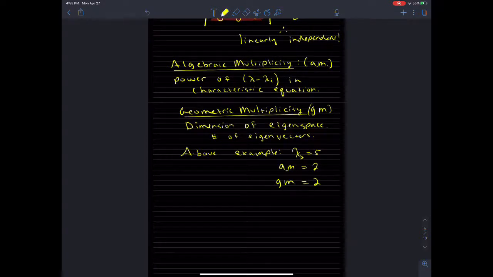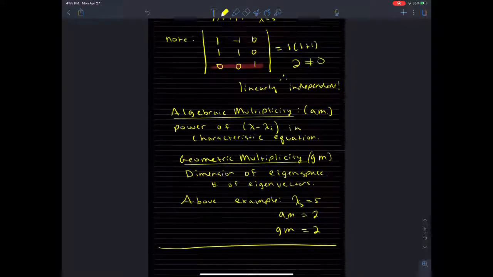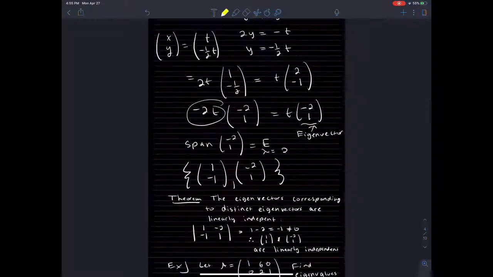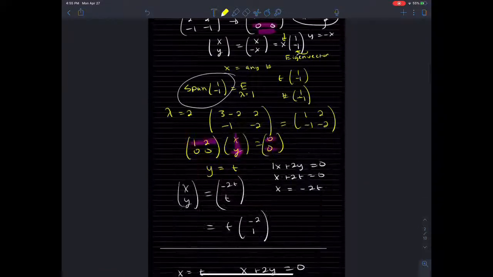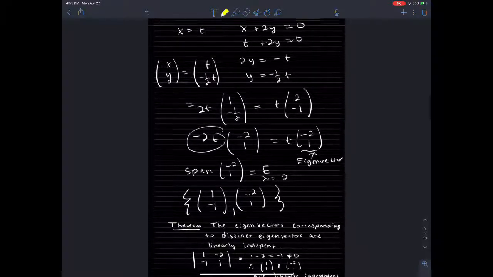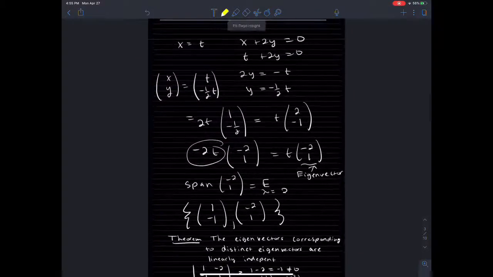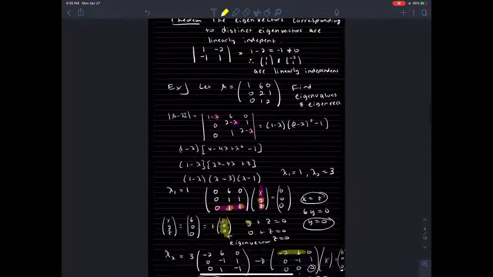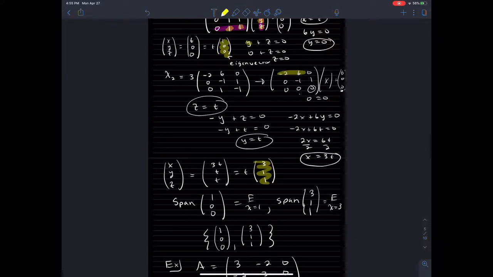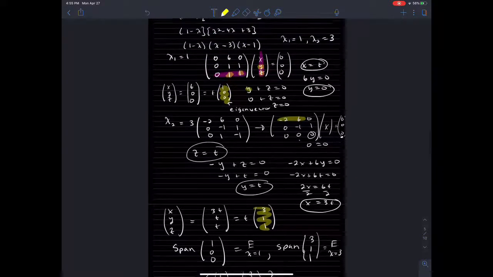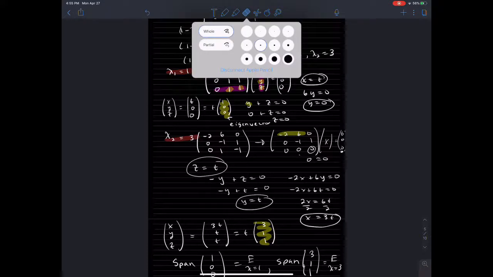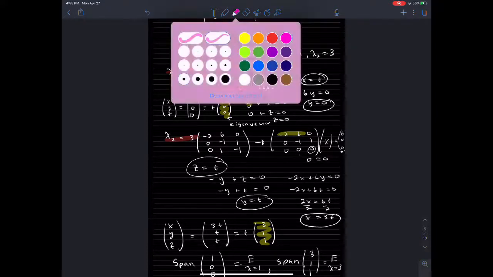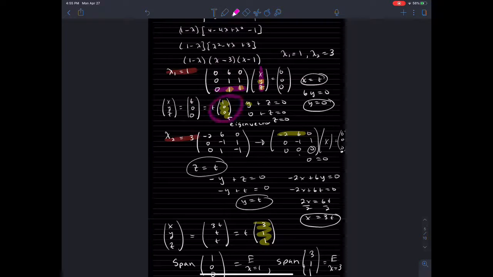There was a previous example that we did, the very first example of a 3 by 3. We only got 2 eigenvalues, and from each of them, we only got 1 vector.